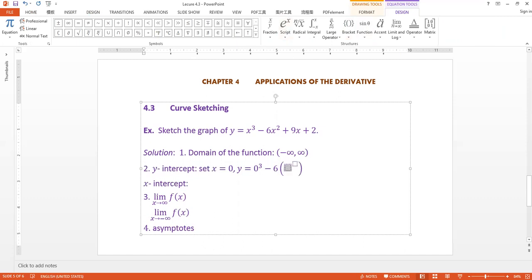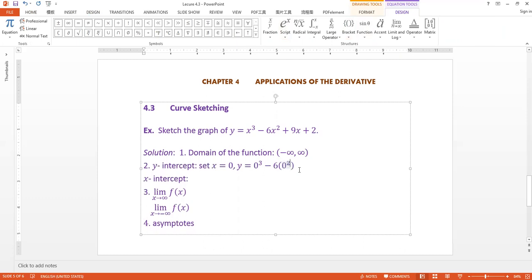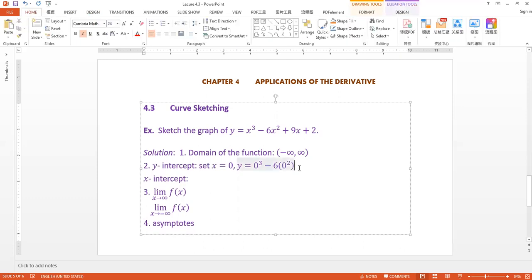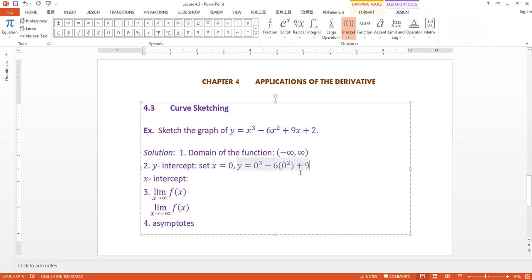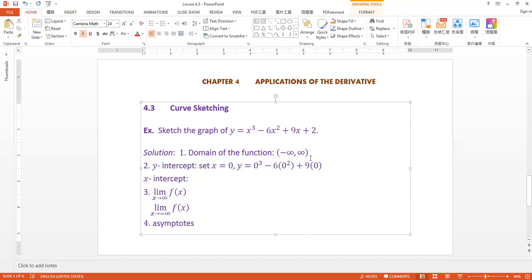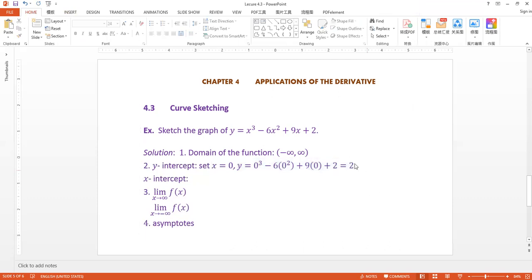We know that will give us all zeros, but let's just write down everything in steps. The third term is 9 times 0. We got all zeros in the first 3 terms, so the answer is 2. So that'll be the y-intercept.